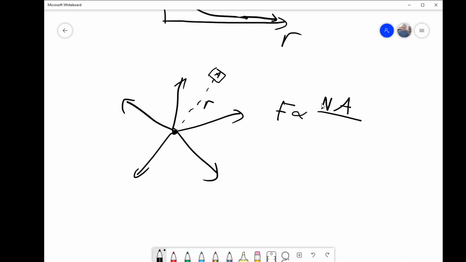These are both constants at all points in the field, divided by the area of a sphere of distance r. Because then your area divided by the area of that sphere tells you what proportion of these field lines are going to be going through that space. Well, the area of a sphere is 4 pi r squared.